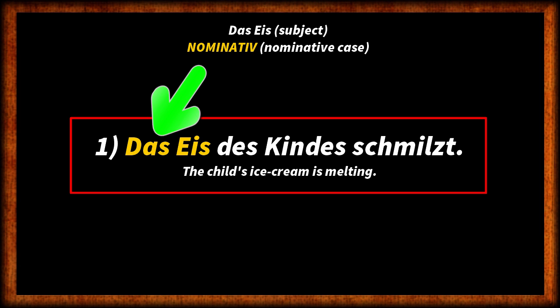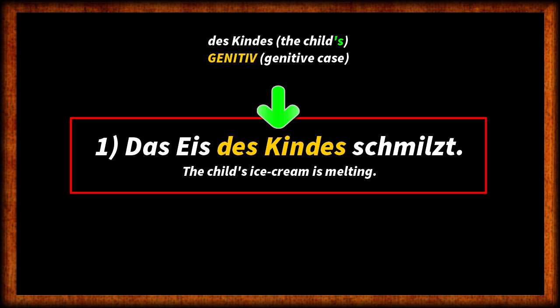The subject is das Eis, the ice cream, because it is melting. It is doing something. This is expressed through the nominative case. Des Kindes shows who owns the ice cream, whose ice cream it is. Das Eis des Kindes, the child's ice cream. This is the genitive case, der Genitiv.